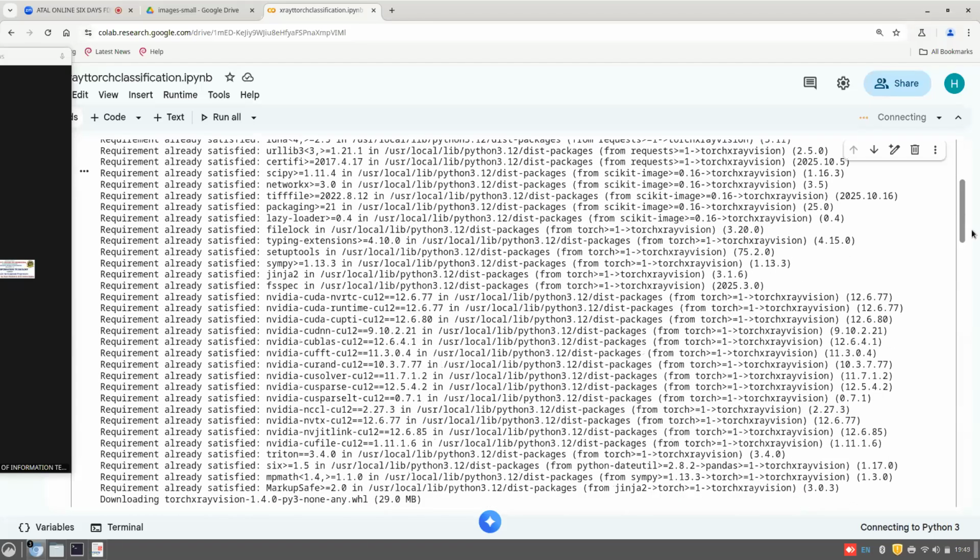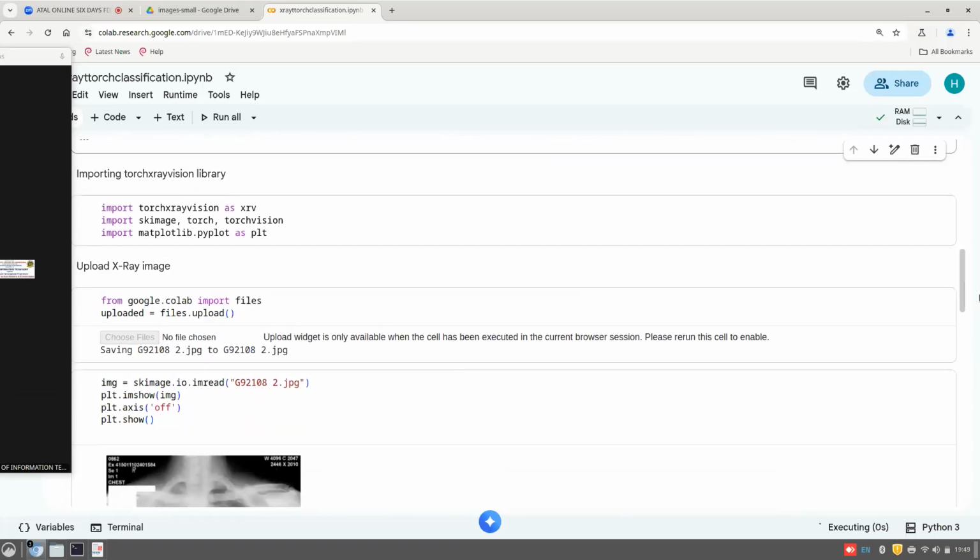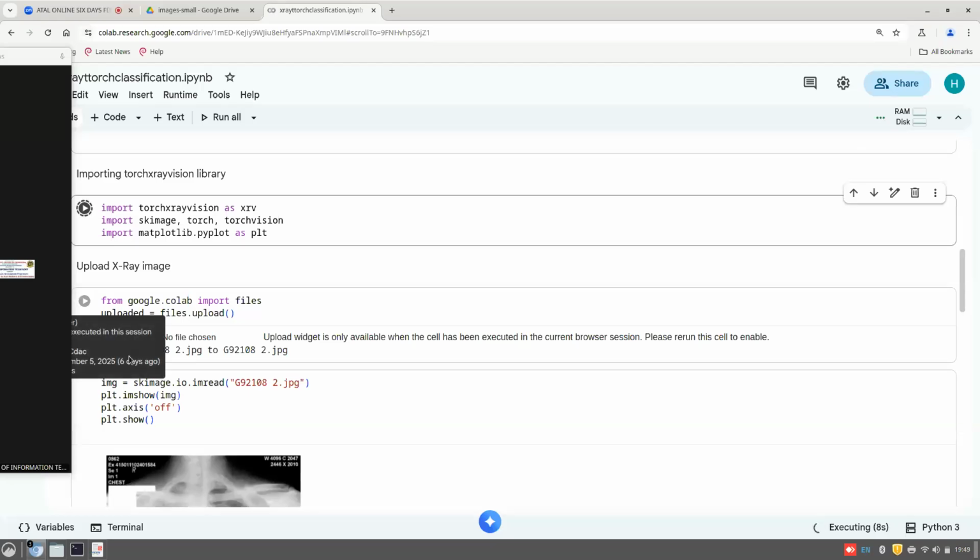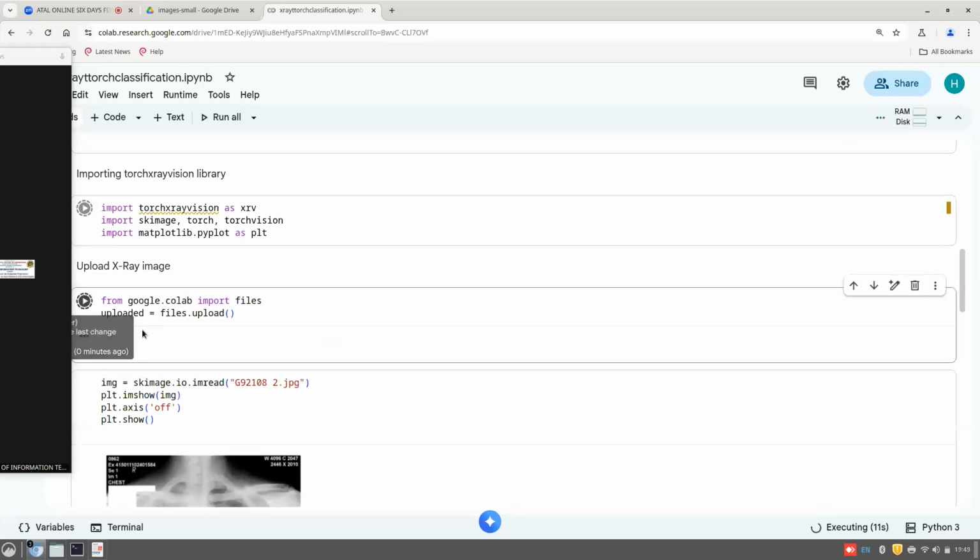Once you have installed this library, you can import models from Torch X-ray Vision, which are the pre-trained models, and also I can import X-ray images.